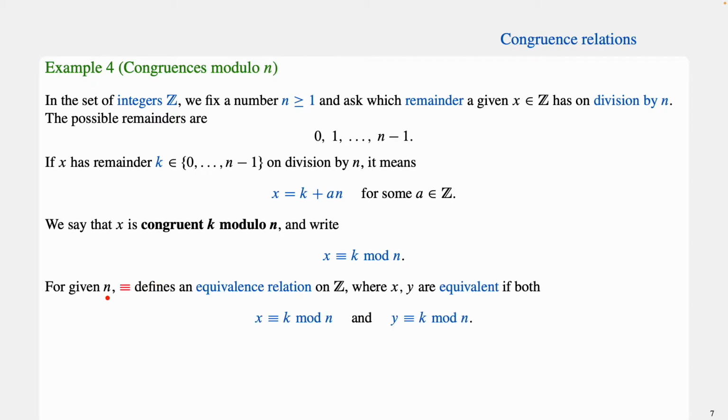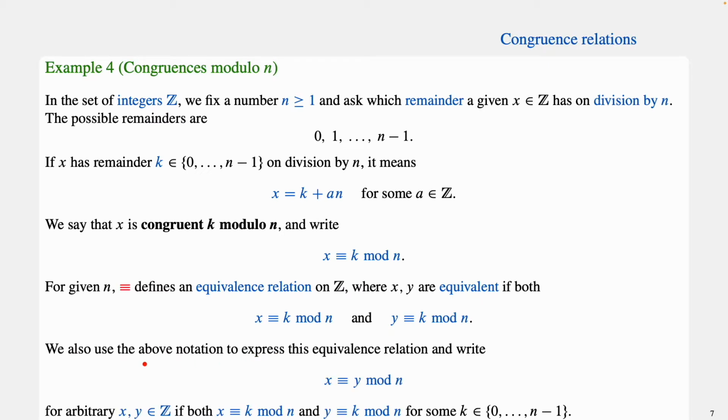Now, for our given n, this relation is in fact an equivalence relation on Z. If we extend it to all the elements of Z, we say x and y are equivalent if both x is congruent to k mod n and also y is congruent to k mod n. So in other words, x and y are equivalent if they have the same remainder on division by n.